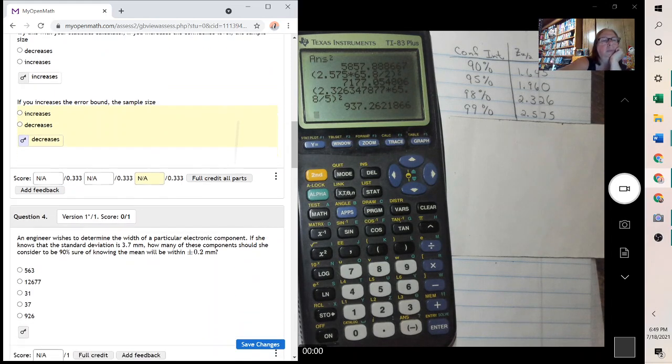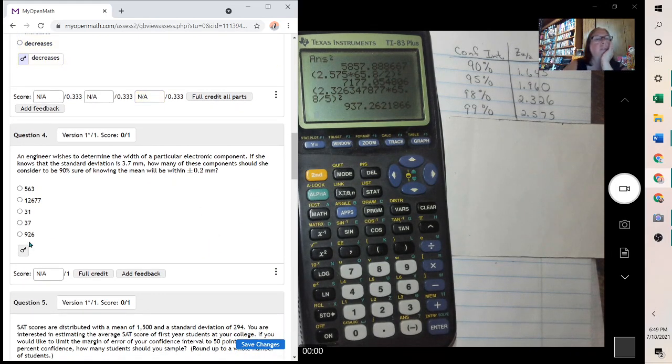Do one more. An engineer wishes to determine the width of a particular electronic component. If she knows that the standard deviation is 3.7, how many of these components should be considered to be 90% sure, so 90% confidence interval, and we're going to within plus or minus 0.2. So 0.2 is your error, or your E. So we need to clear this.